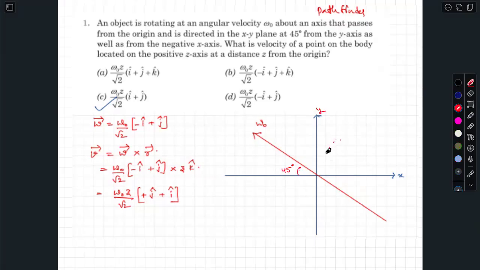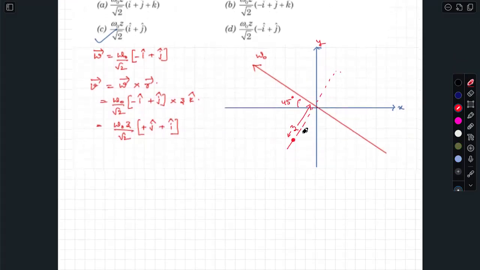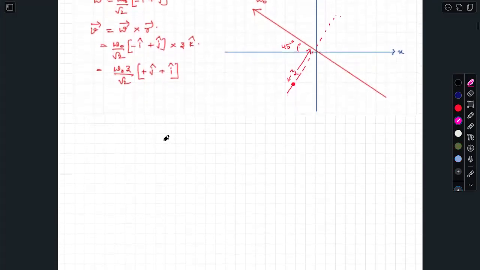Frankly speaking, somewhere here at a distance z from the origin. Let me see how good I am in drawing this. This is your omega naught term.